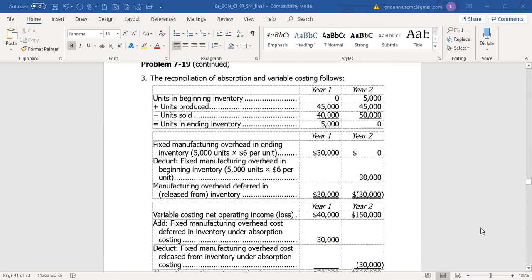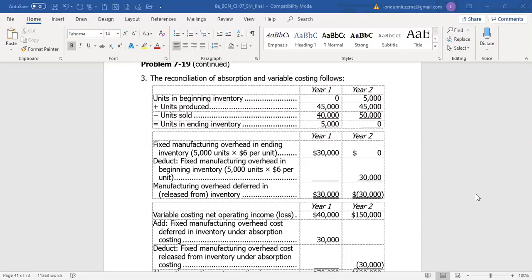To do that, the first thing we want to determine is the units of inventory. So we begin year 1 with no beginning inventory. We produced 45,000, we sold 40,000 of them. So there's 5,000 left at the end of year 1. They're the beginning inventory for year 2.